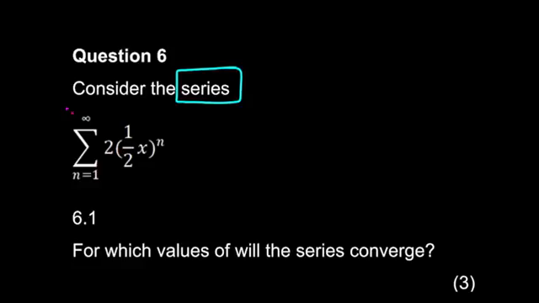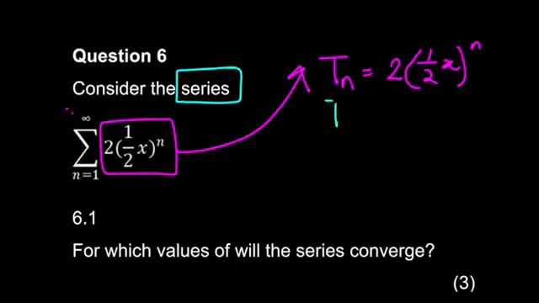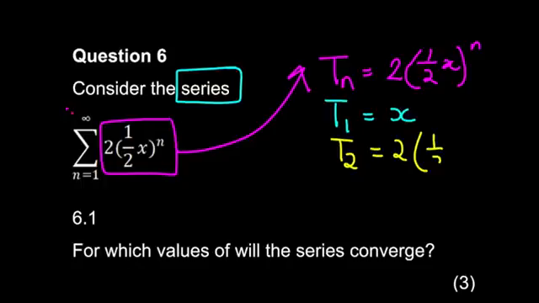So they have said consider series. So when we're writing it out, remember, just before the break, we said that this is the general term. So if this is a general term, that is Tn. So Tn is 2 times a half x to the n. In other words, T1 would be what? 2 times a half to the x. So it would just be x. T2 would be 2 times a half x squared.